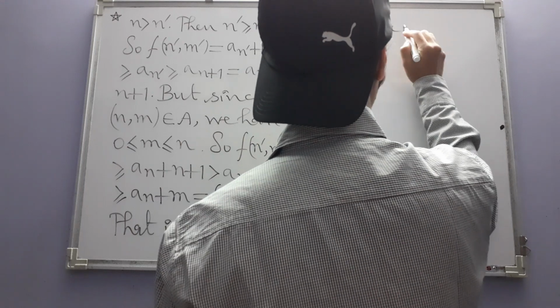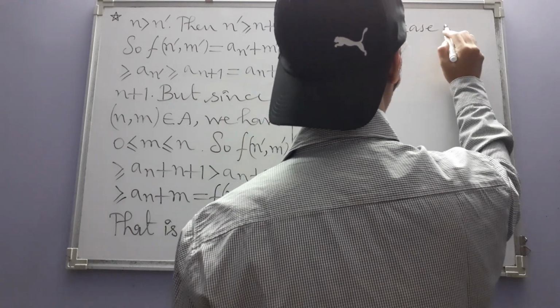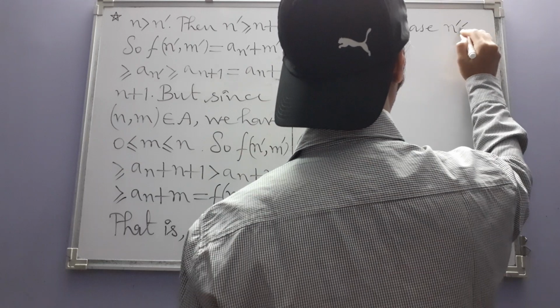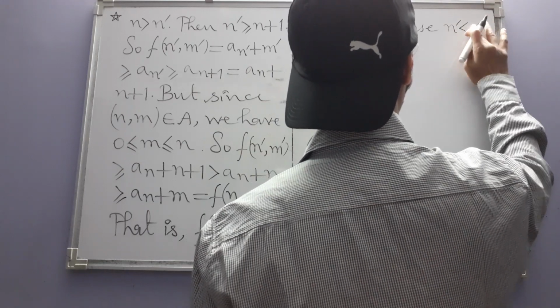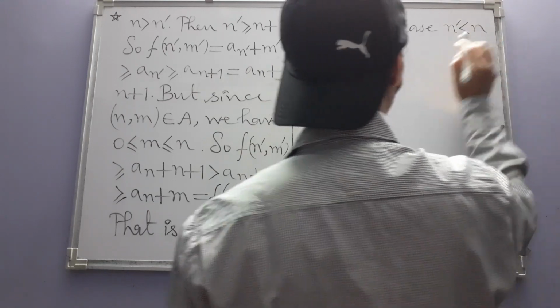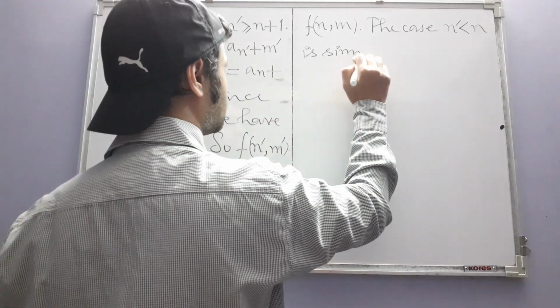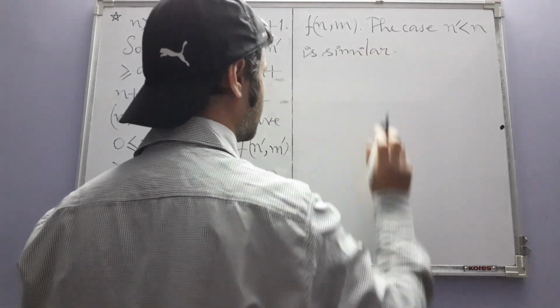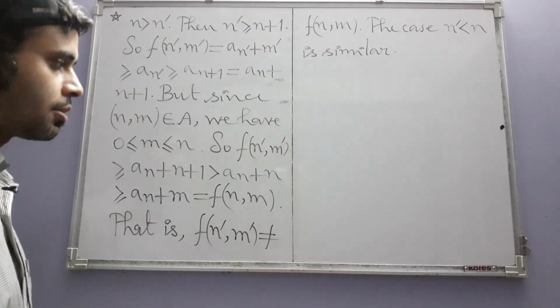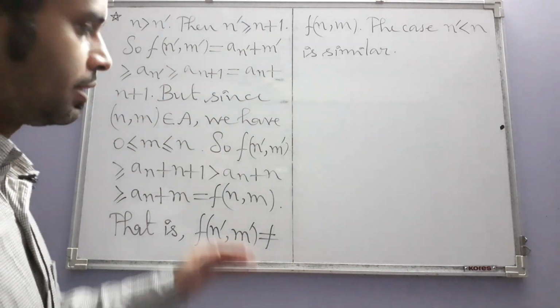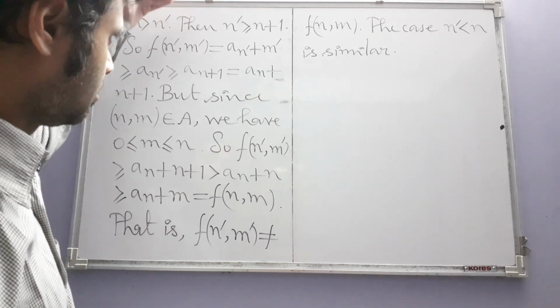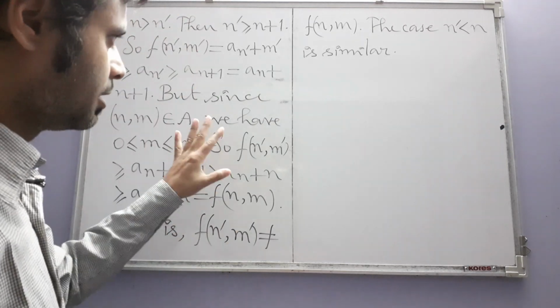And the remaining case where n prime is less than n is similar, where you just switch the roles of n and n prime, that's all, and you proceed similarly to the second case.